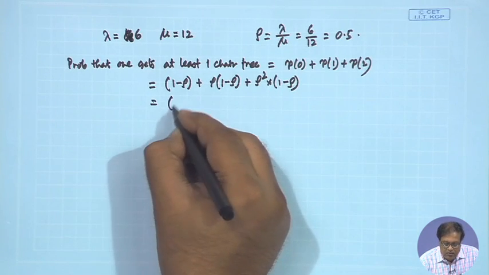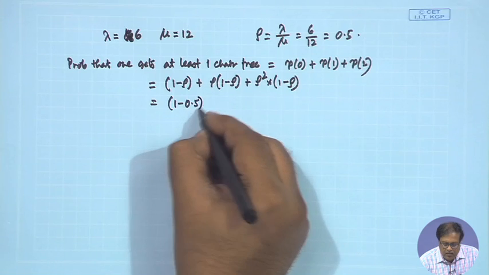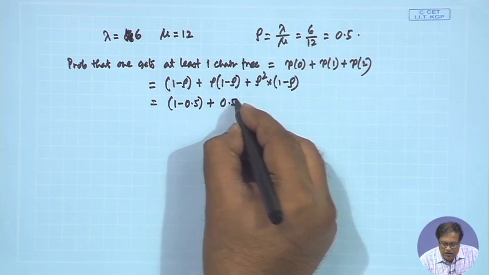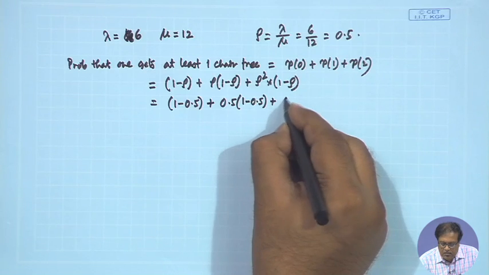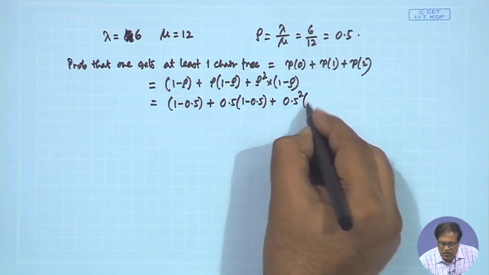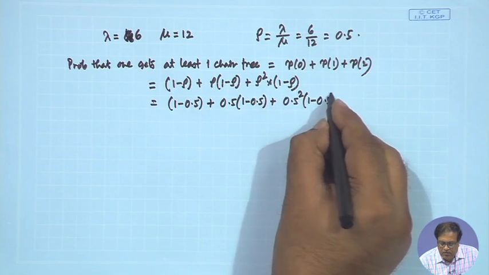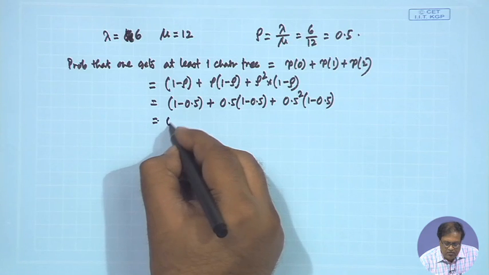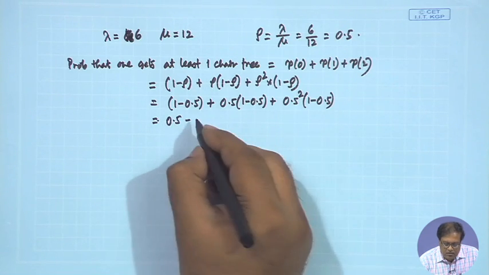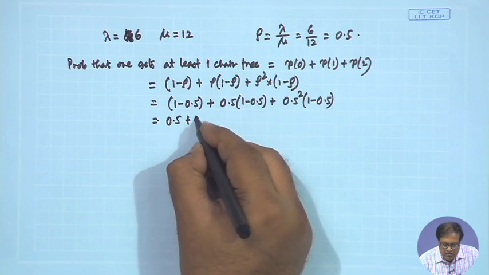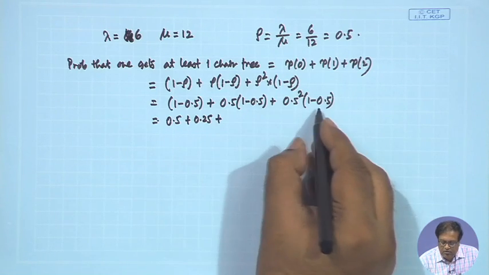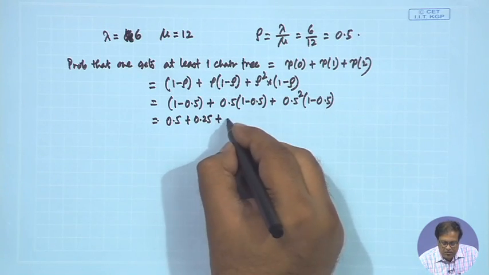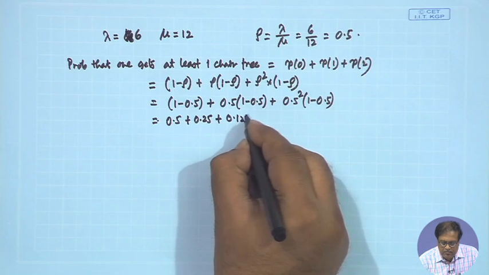So, 1 minus 0.5 plus 0.5 into 1 minus 0.5 plus 0.5 square into 1 minus 0.5. So, this is how you can calculate: 0.5 plus 0.25 plus 0.25 into 0.5, 0.125.